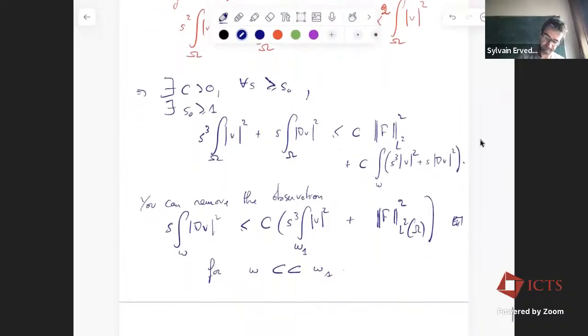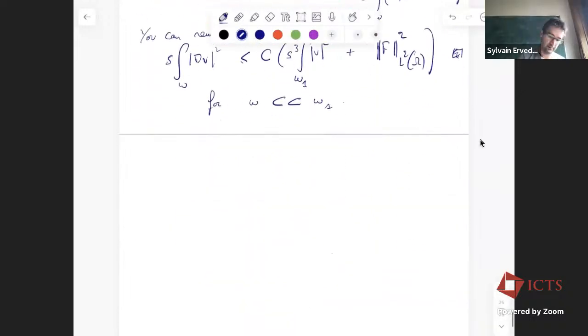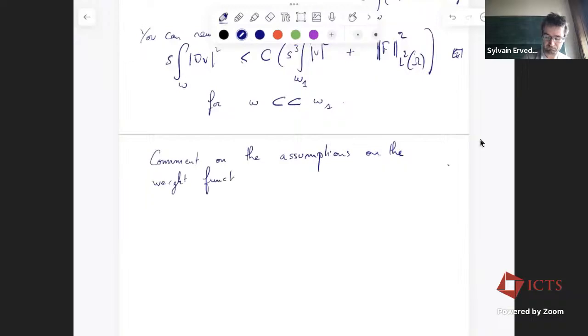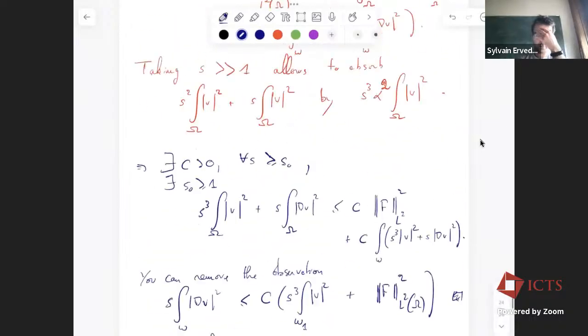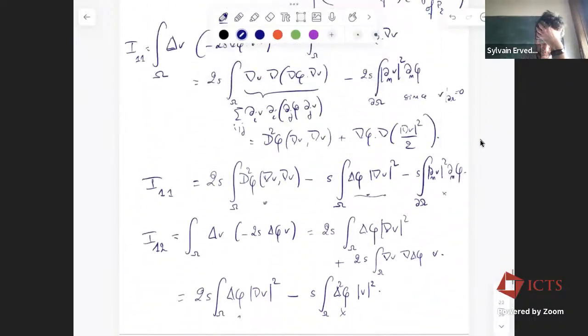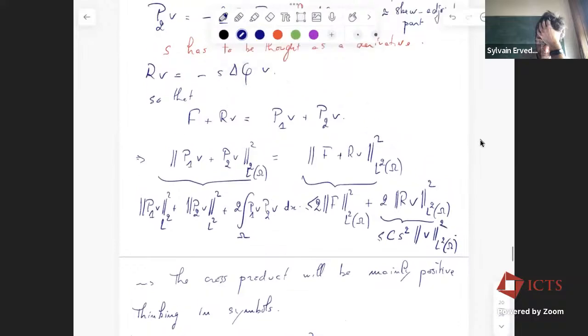Okay. What's next? So next, I'd like to comment on the assumptions on the weight function. Basically, we had two sets of assumptions.